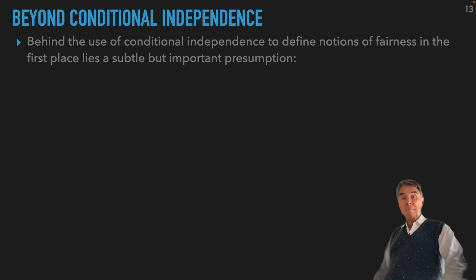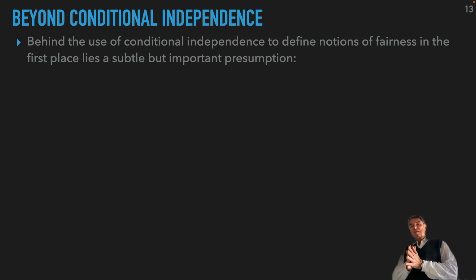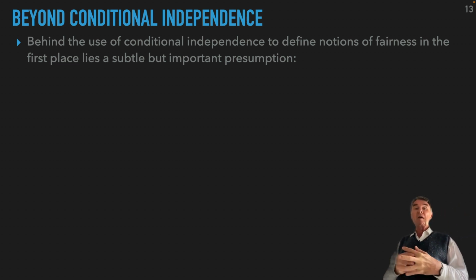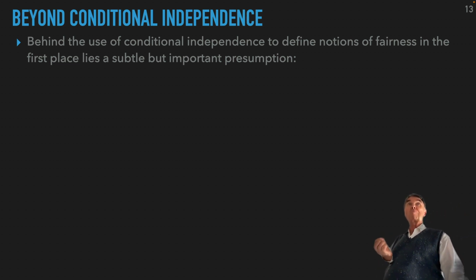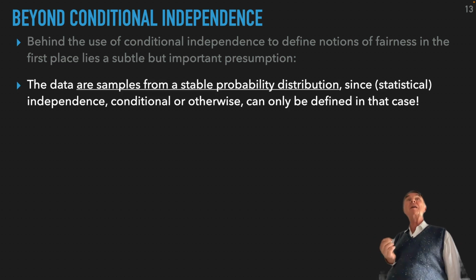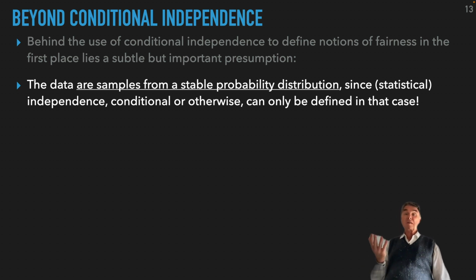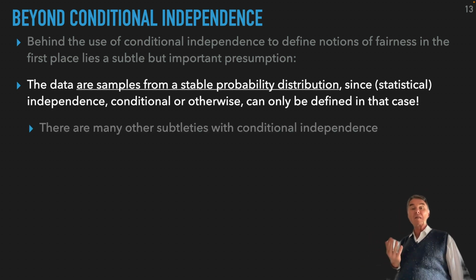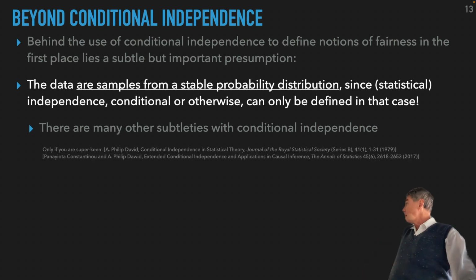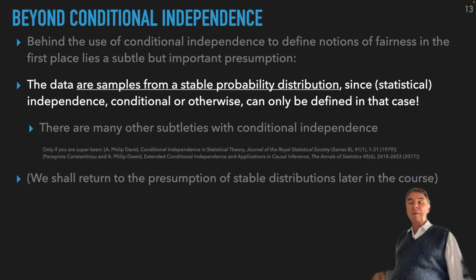And then we started to think, what's going on? So behind the use of conditional independence to define notions of fairness, there lies a subtle but important presumption. And let's spell that out really explicitly. The data are samples from a stable probability distribution, since statistical dependence can only be defined in that case. Now, there are many other subtleties with conditional independence. I'll give you some references if you want to read about that.